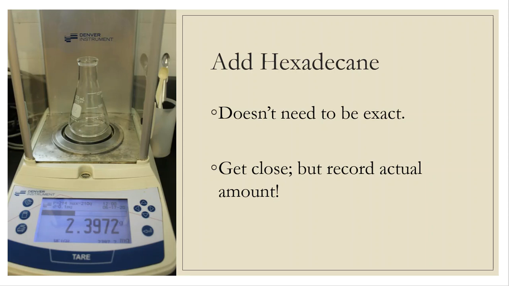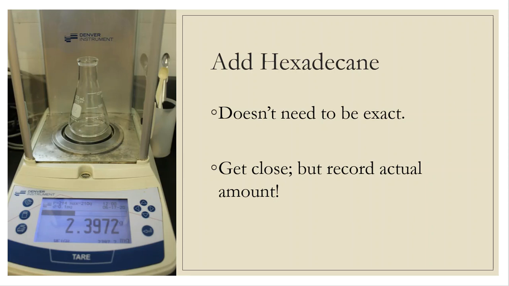Again, it doesn't have to be exact. I just need to get close to the target amount that they told me. And as long as I write down the mass, then I'm good. So I measured out hexadecane, and I ended up with 2.3972 grams of hexadecane.